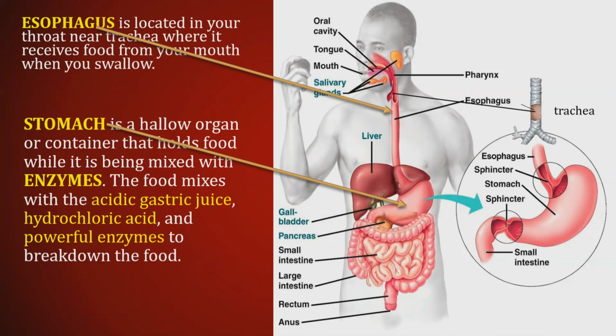The food mixes with the acidic gastric juice, hydrochloric acid, and powerful enzymes to break down the food. The gastric juice contains the enzyme pepsin or protease, which digests protein into peptones. When the contents of the stomach are sufficiently processed, they are released into the small intestine.